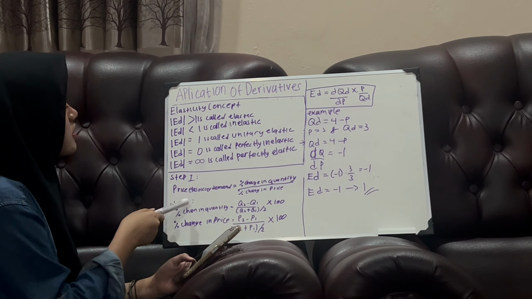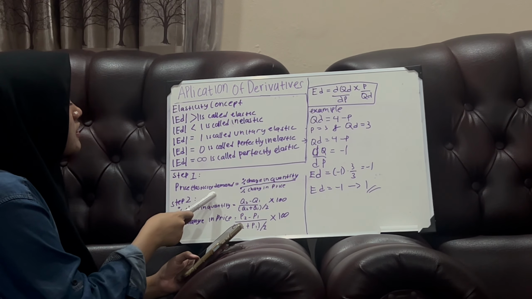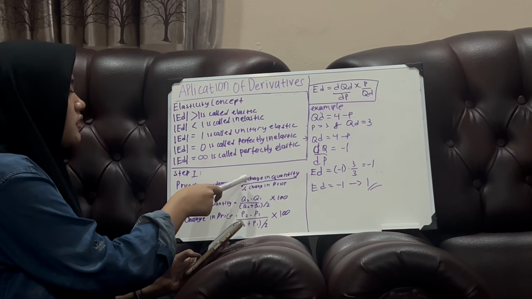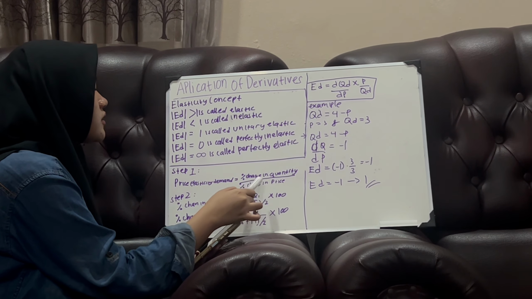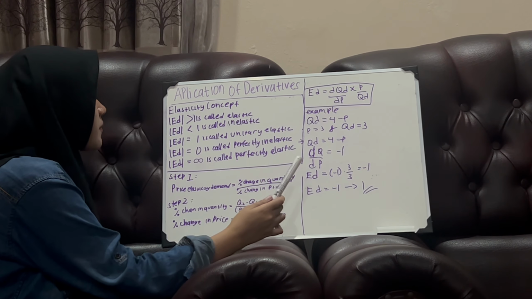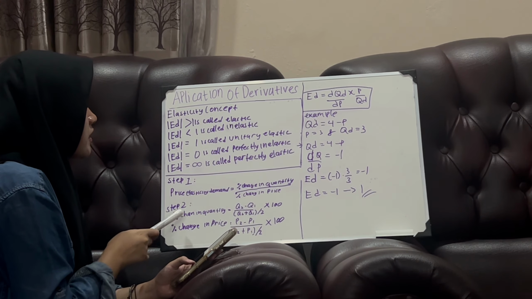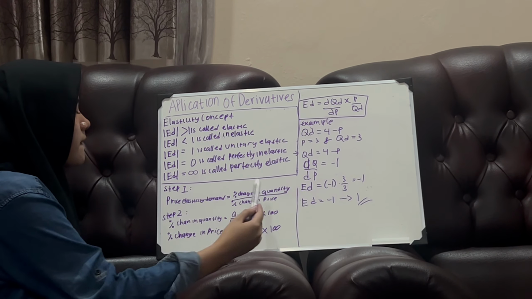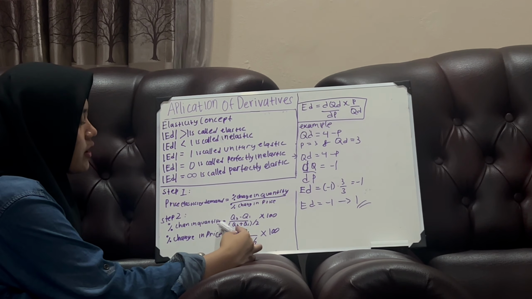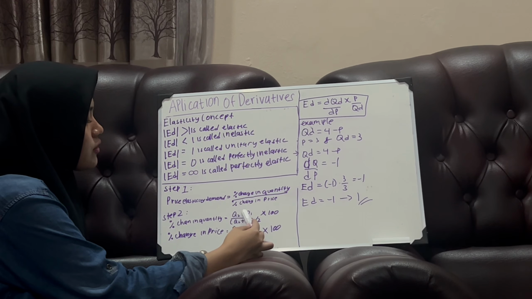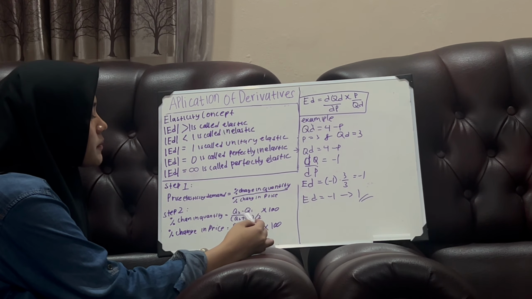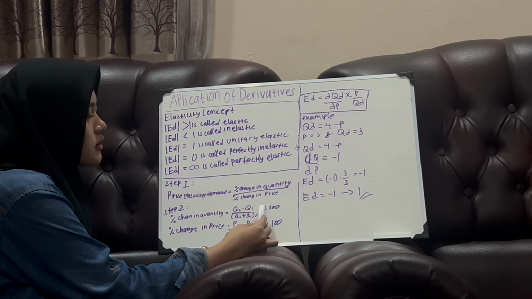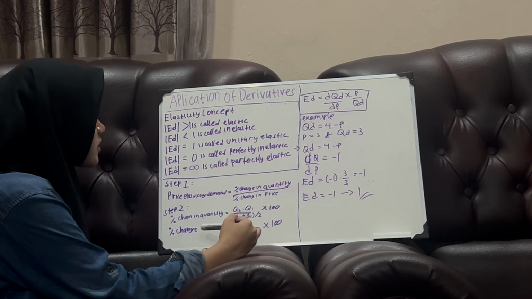Elasticity has two concepts. Step 1, price elasticity of demand is the percent change in quantity per percent change in price. Step 2, percent change in quantity equals (Q2 minus Q1) per ((Q2 plus Q1) per 2) times 100.